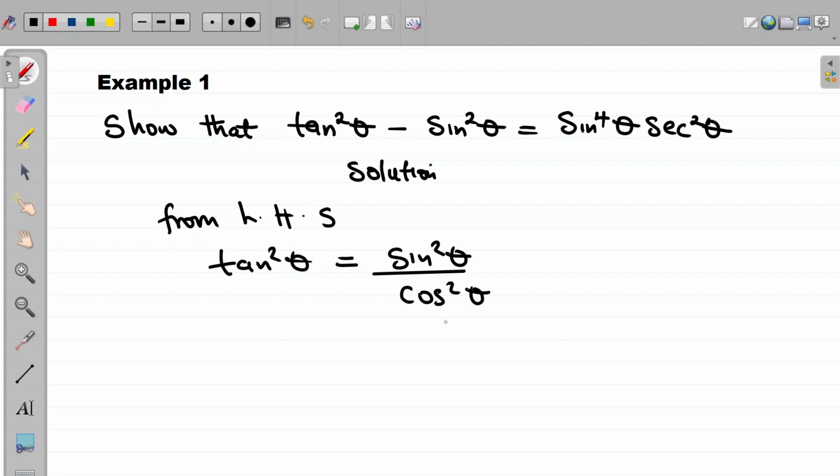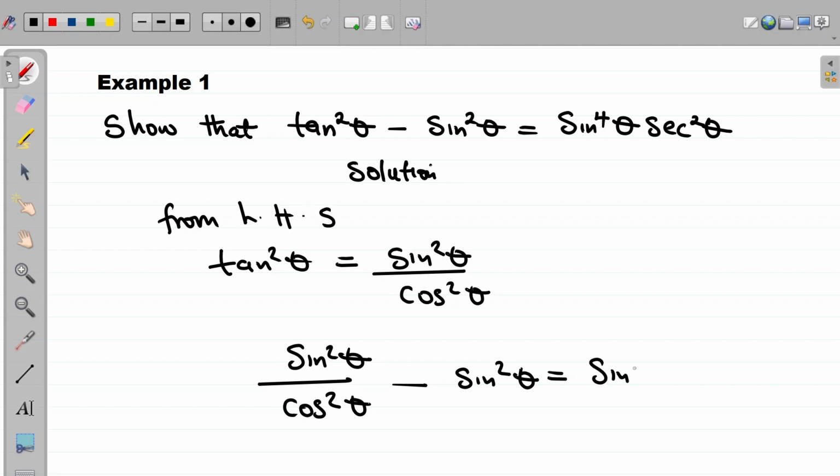Now, if we substitute tan squared theta into the equation, we obtain that sine squared theta divided by cos squared theta minus sine squared theta is equal to sine to the power of 4 theta sec squared theta.